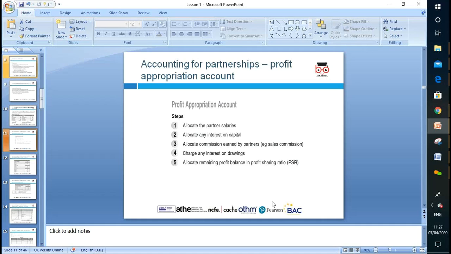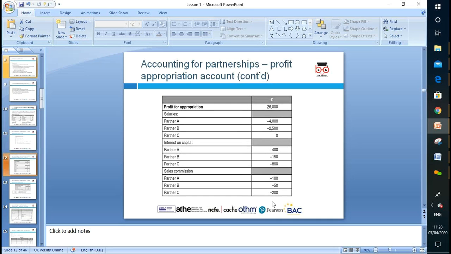Allocate partner salary: if you have a partner salary, it will be an expense for the business, and you subtract it from the profit that came through normal operations. Allocate interest on capital: if you pay interest on the capital the partners invested, you subtract that as well. Allow commission: if you pay commission to partners who are working in the business, you subtract it. If a partner draws some money and you charge interest, that is income for the business, so you add it. And then whatever is left, we distribute between the partners.